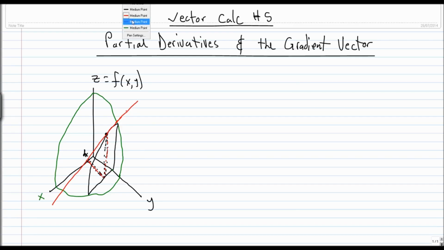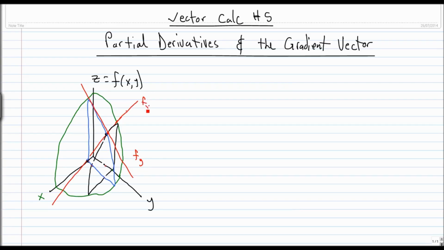Okay, so similarly, if we were to hold x constant along this little sliver of the graph, then we would have the slope of a tangent line that's parallel to the zy plane and has the slope f sub y.